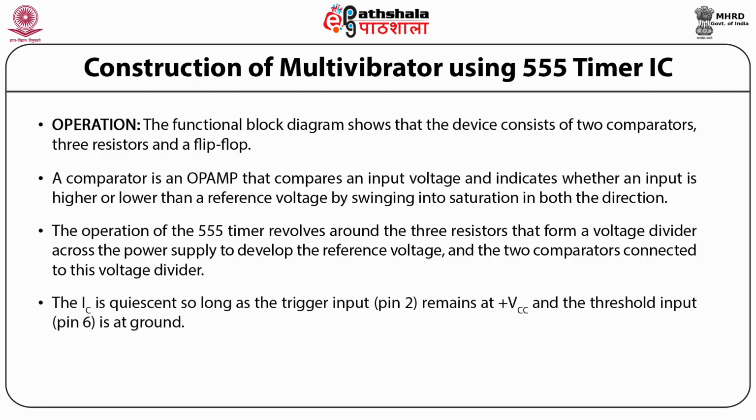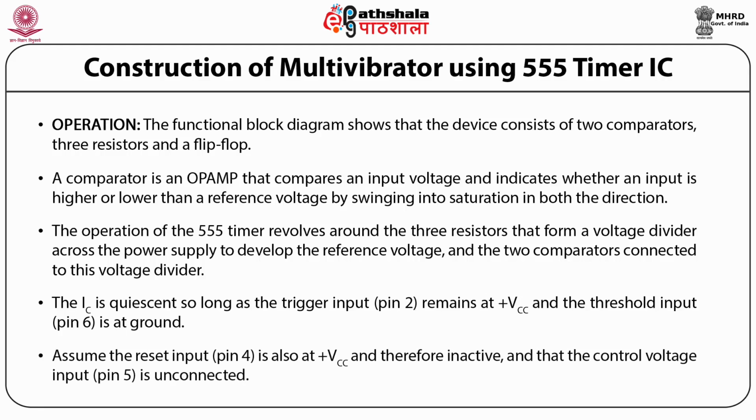The IC is quiescent so long as the trigger input, that is pin 2, remains at plus VCC, and the threshold input, pin 6, is at ground. Assume the reset pin 4 is also at plus VCC and therefore inactive, and that the control voltage input, pin 5, is unconnected.